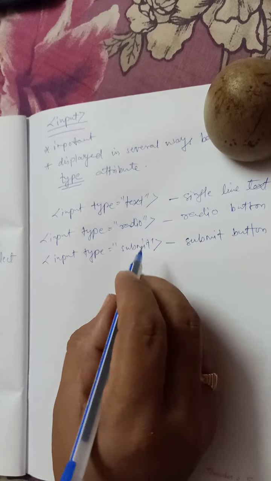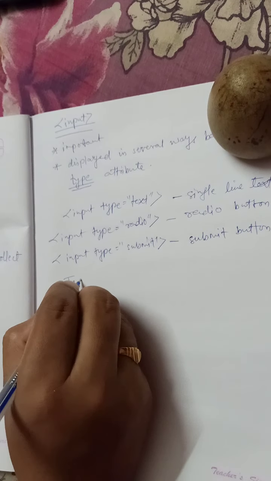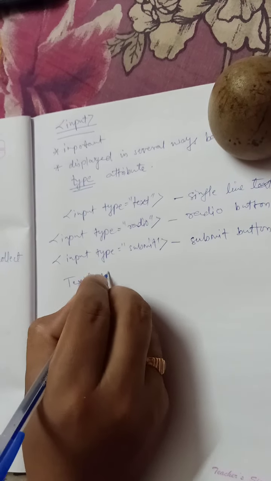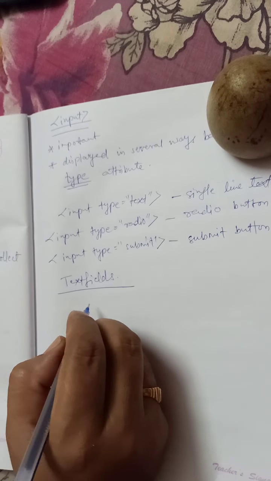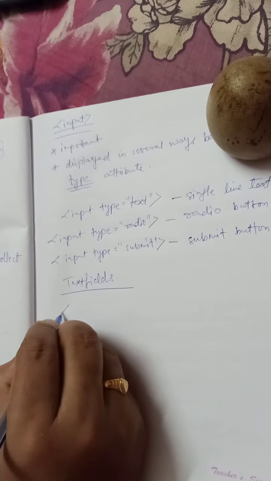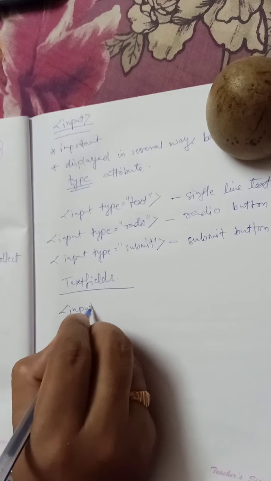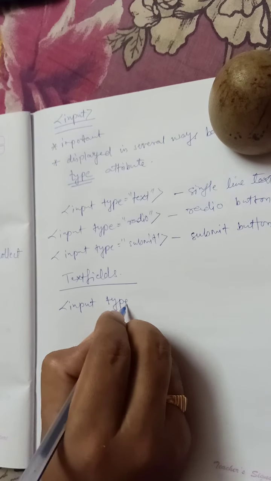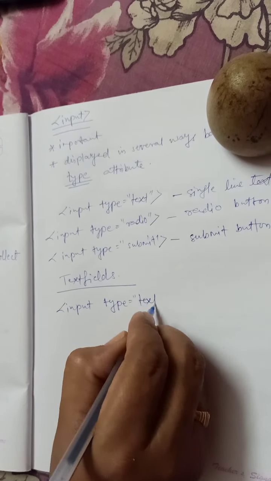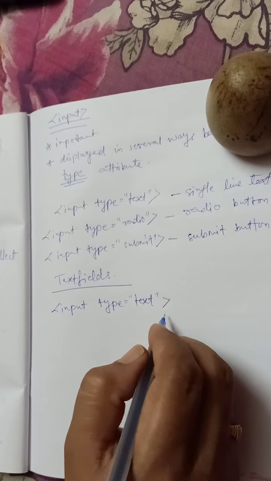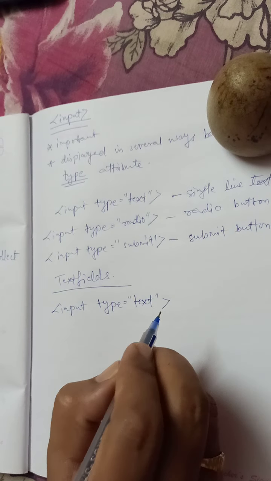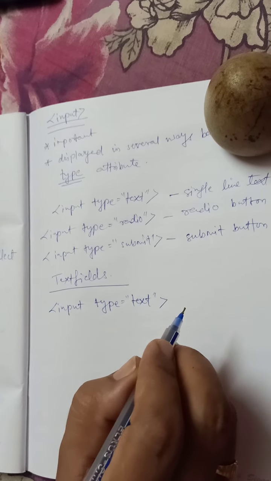Now let's first learn about the text fields. Okay, this is defined by writing input type equal to text. So this defines a single line input field for text input.